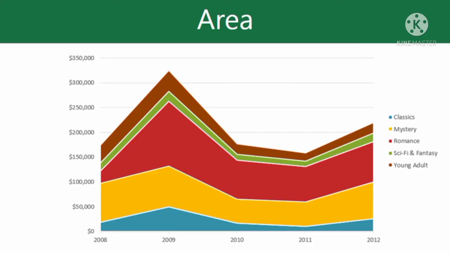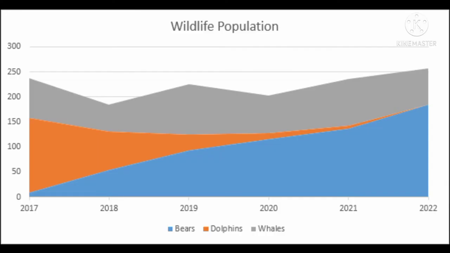Next type is the area chart. An area chart emphasizes the magnitude of change in the data over a period of time. It is similar to a line chart but plots data series one on top of another, producing a total. Here is the graph of an area chart.